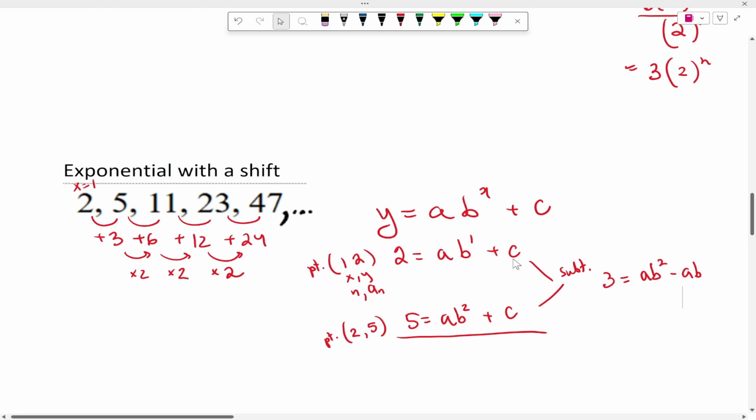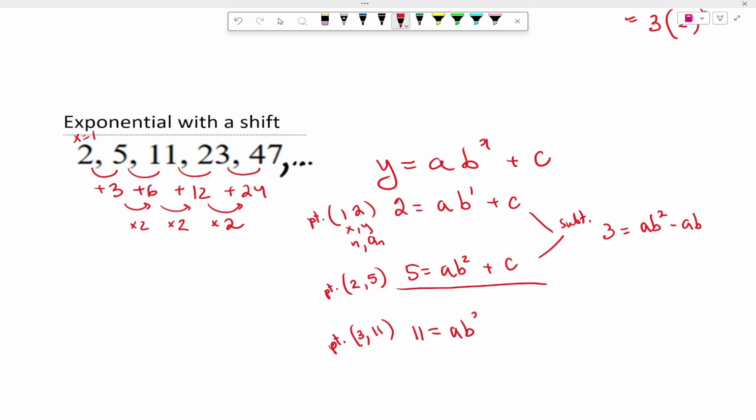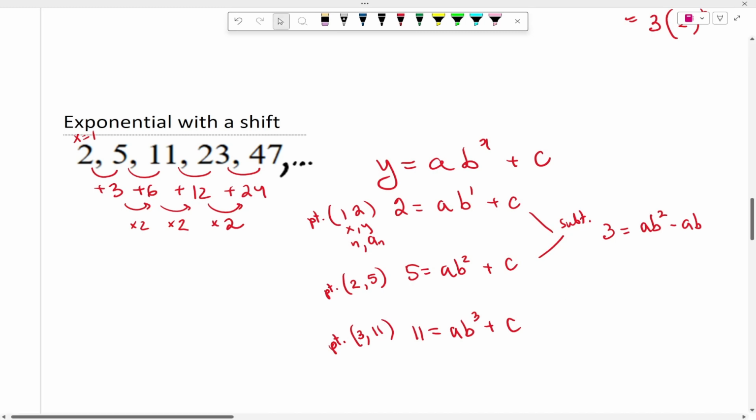Okay. So then, because we do have a and b and c, we have actually 3 unknowns. So let's do one more point. Let's plug in 3 with what? 11. So that would be 11 equal to ab cubed plus c, right? Yes. Let's do another subtraction. Really doesn't matter which one. So you could do these two.